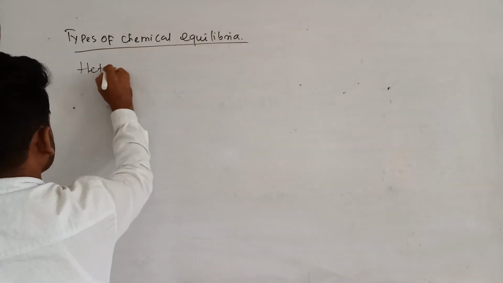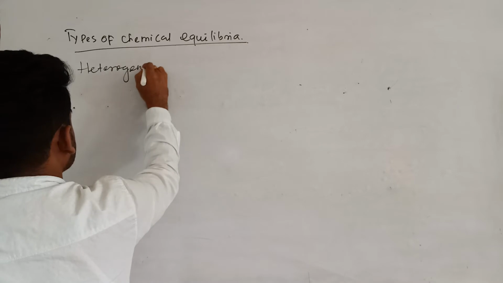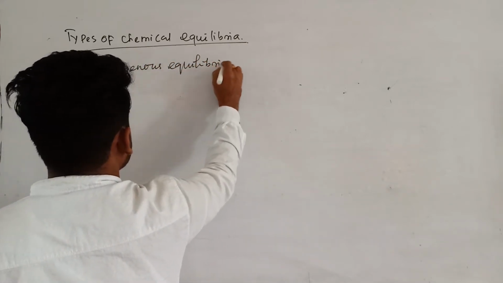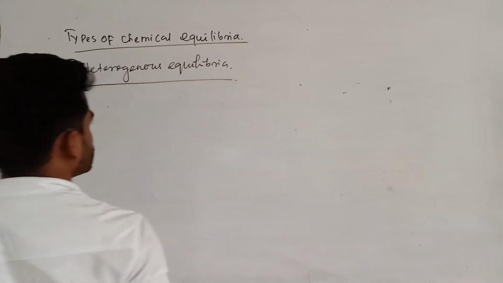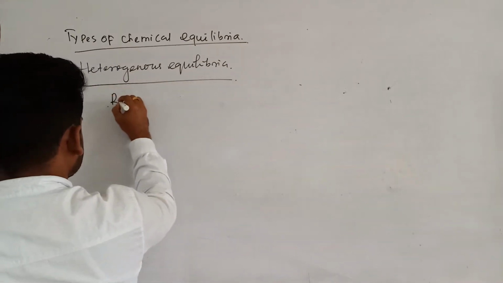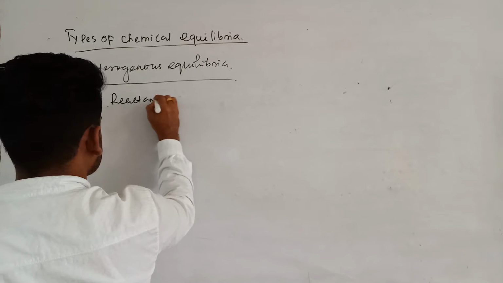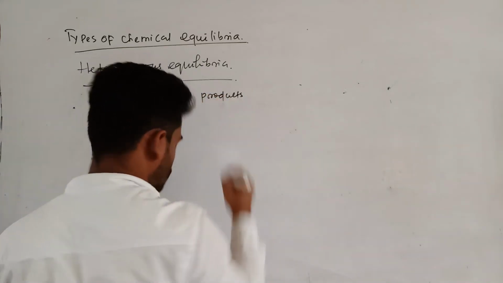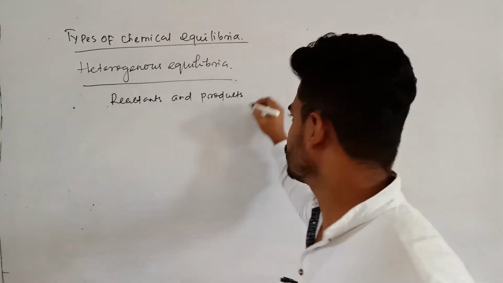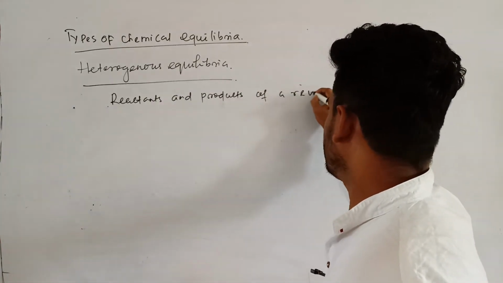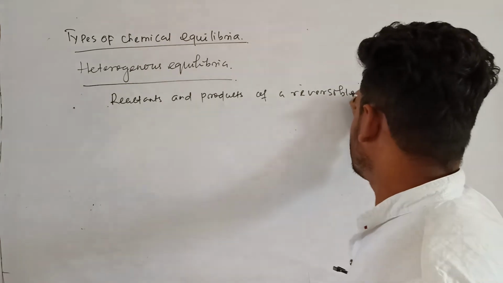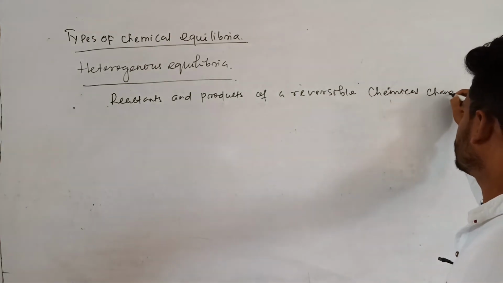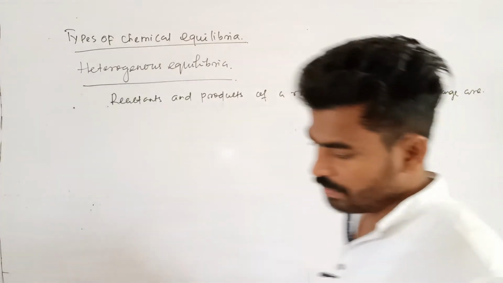Heterogeneous equilibria: reactants and products of a reversible chemical change are in different phases.